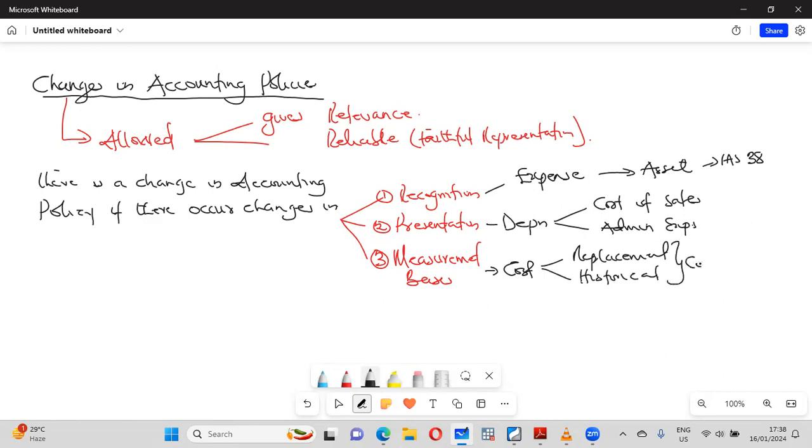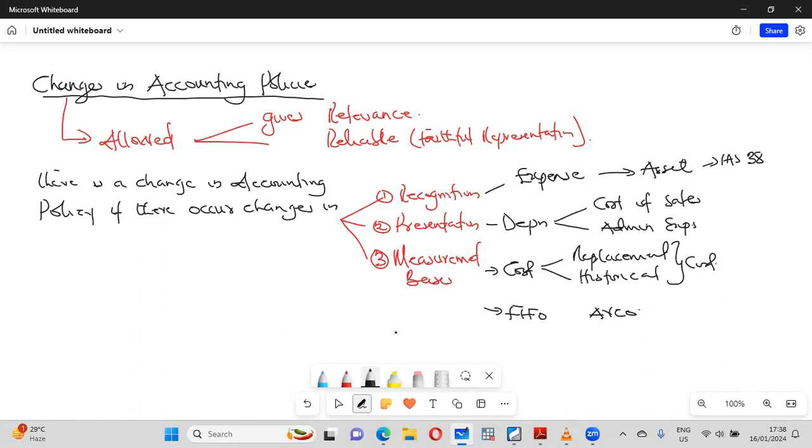So it's a choice. In terms of valuing inventory, IAS 2, what we did earlier, you can use FIFO for interchangeable goods. You can also use the average cost, weighted average cost. So all these things are policies. All right, policies. And so that is that.